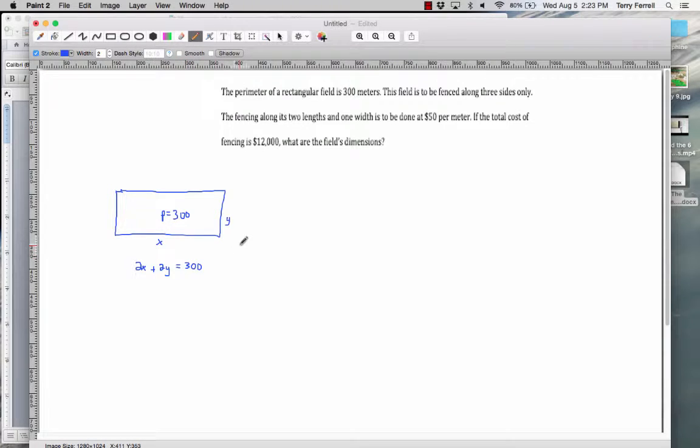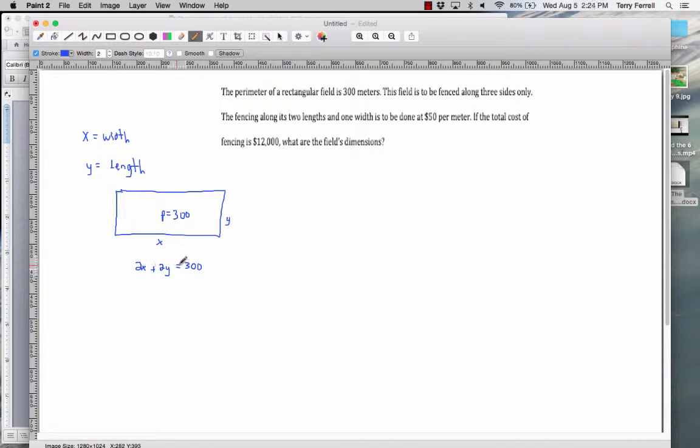You're basically writing out a different type of system of equation here. Remember, x represents my width, so x equals width, and y is equal to my length here, at least in this problem.